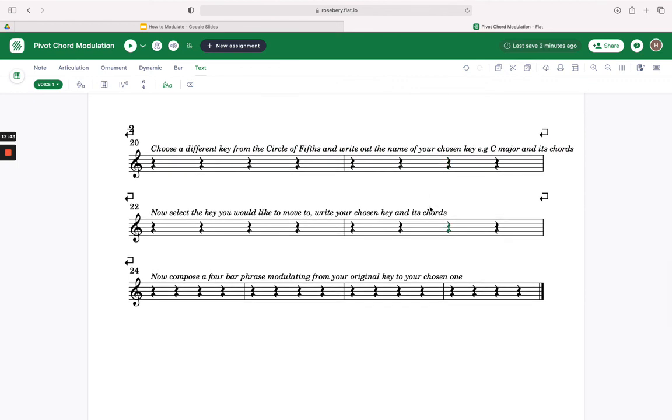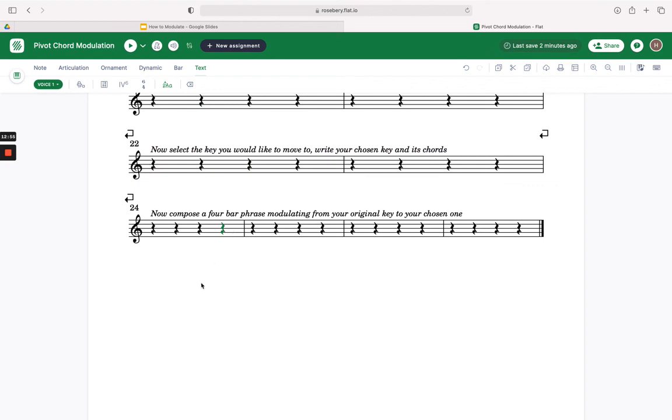Then select the key you would like to move to and write your chosen key and its chords here where it says bar 22. Then do exactly what we just did in the previous 2 examples to compose a 4-bar phrase modulating from your original key to your chosen key.